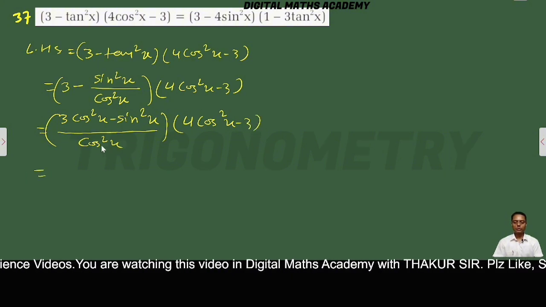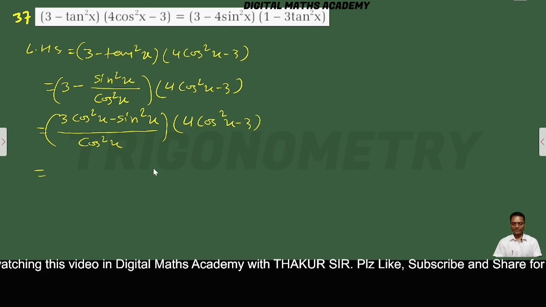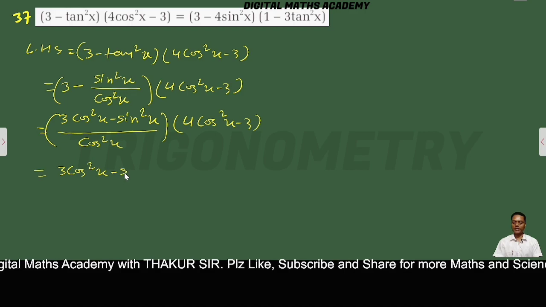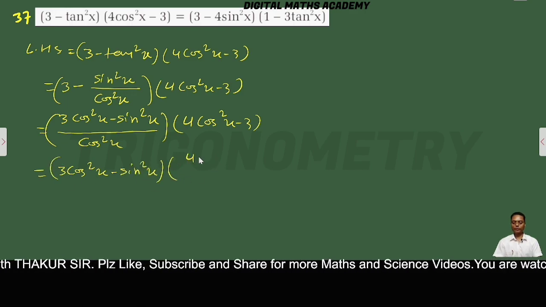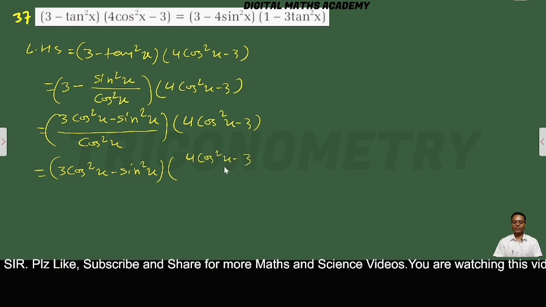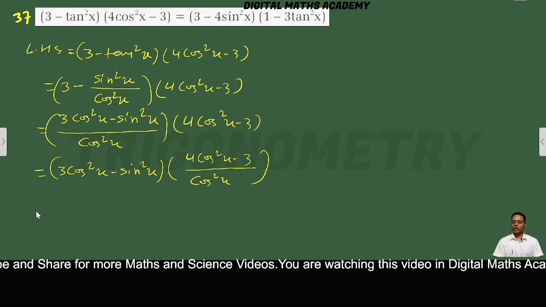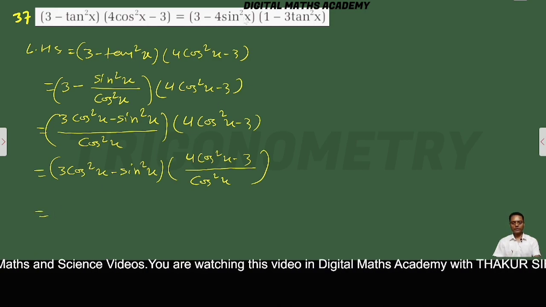So we are going to shift cos square x as the denominator of the second factor. So we write here 3 cos square x minus sin square x, and here it becomes (4 cos square x minus 3) over cos square x. Now we see there is a sin square only at the right hand side in the first factor.